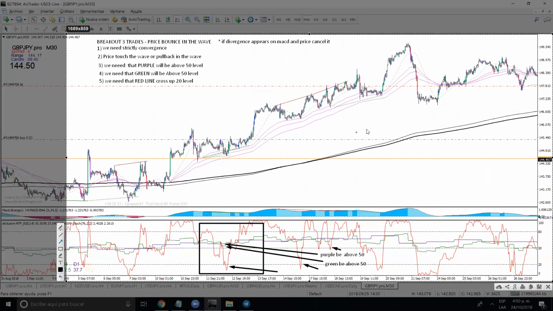If you are following the price structure here, you're going to find the same point sometimes. So those are valid, but I prefer when we have really strong momentum, because we're going to have more opportunities and the price is going to react very quickly.